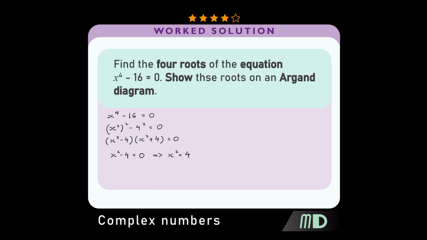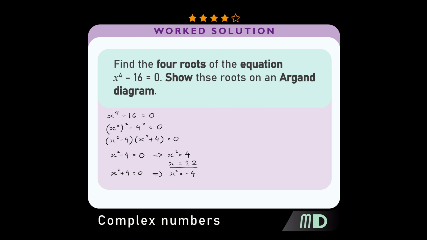And by taking the square root of each side, x is equal to plus or minus 2. Then, x squared plus 4 is equal to 0. So, x squared must be equal to minus 4.